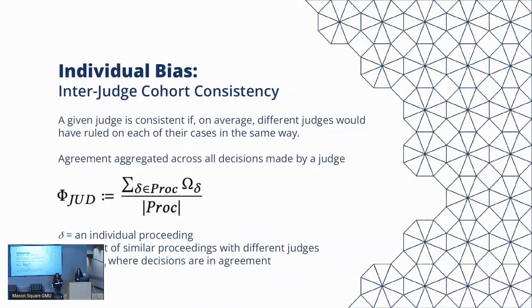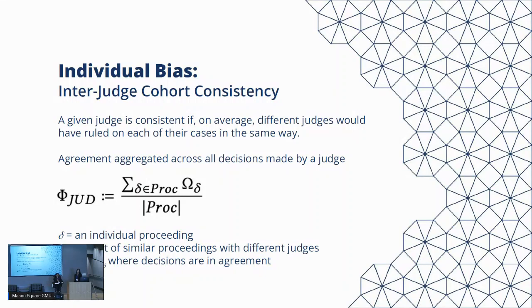With this in mind, we formed a specific type of individual bias, inter-judge cohort consistency. Along the lines of counterfactual fairness, we defined a given judge as consistent if other judges presiding over similar cases on average ruled in the same way that they did.